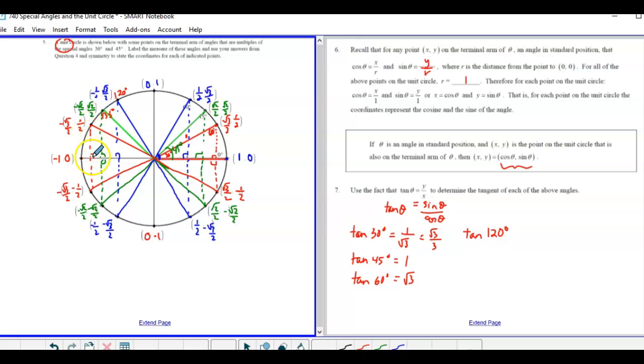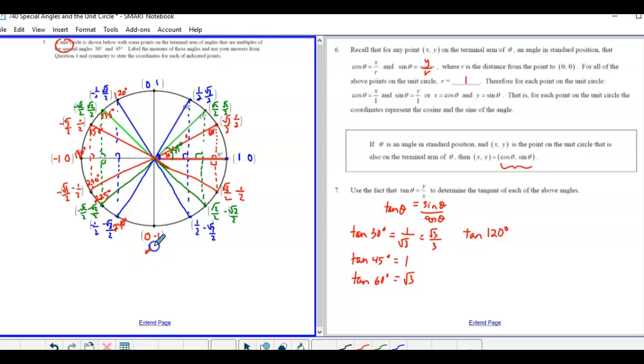Then 180 minus the reference angle of 30 is 150. Obviously this is 180. Then 180 plus 30 is 210. Then 180 plus 45 is 225. 180 plus 60 is 240.